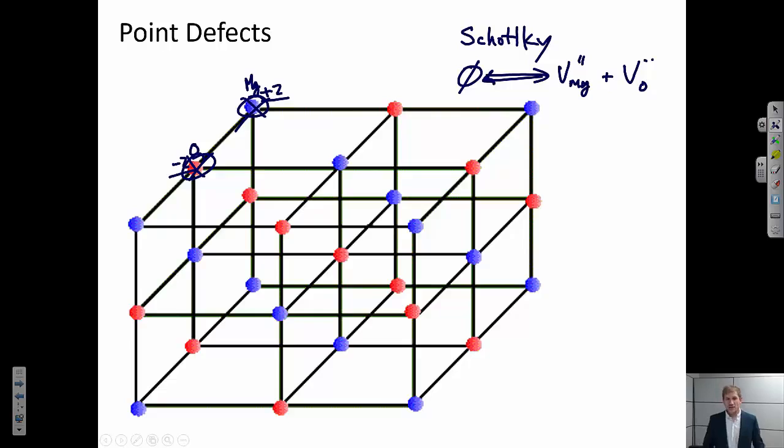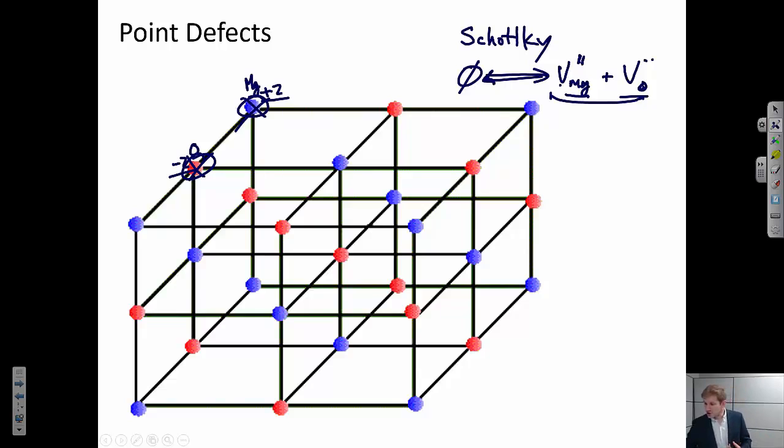So initially we have the pure lattice, but we went to the case where we have a vacancy of a magnesium cation and a vacancy of an oxygen anion. Now you'll notice I didn't put an X up here because both of these are charged species. Magnesium has a +2 charge, so if we have a magnesium vacancy, that means we have a -2 charge because that +2 that is usually there is not there.